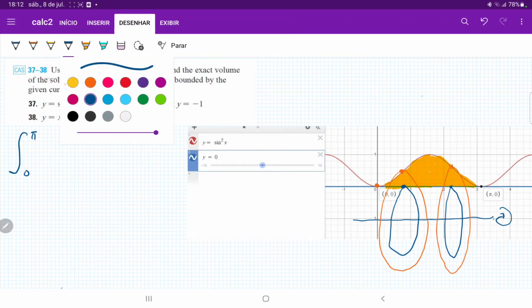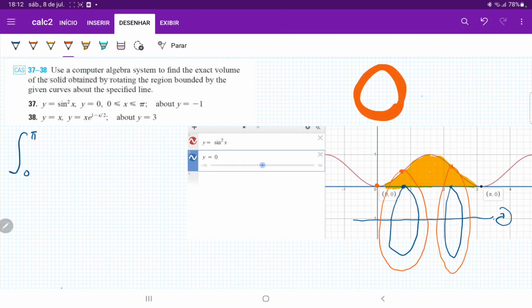So our disks are going to look like this. They are going to look like a bigger circle, from which I'm going to remove the smaller circle in blue, so that I can just get this ring in orange, which is what we do have here. Maybe I should have drawn it in a different color, but you see what I mean, right? That's going to be like this.